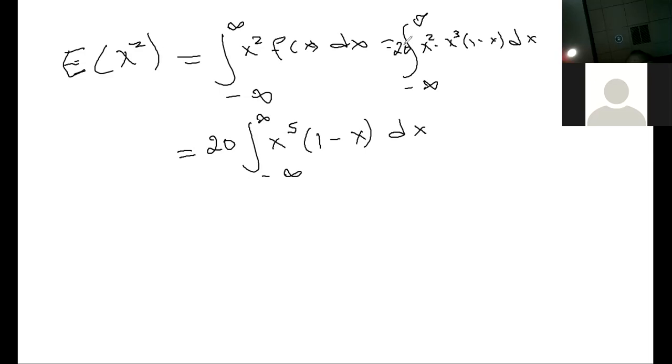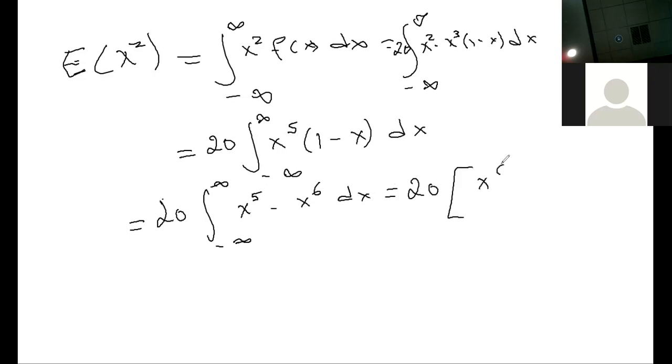There is a 20 here. So this is equal to 20 integral of x to the 5 minus x to the 6 dx, which is 20, x to the 6 over 6 minus x to the 7 over 7.